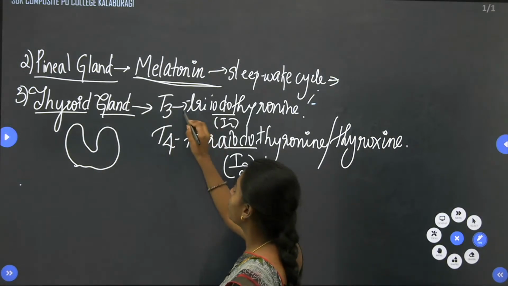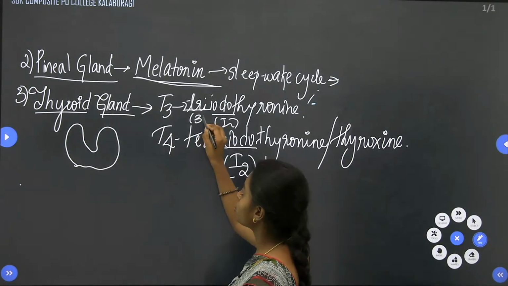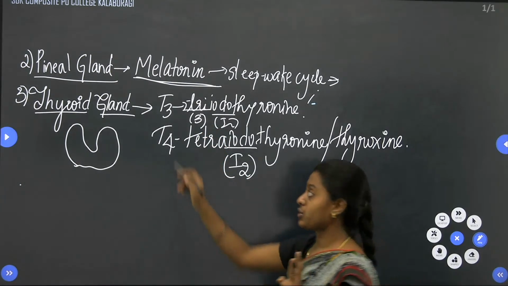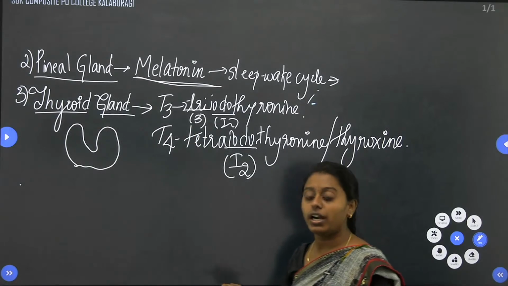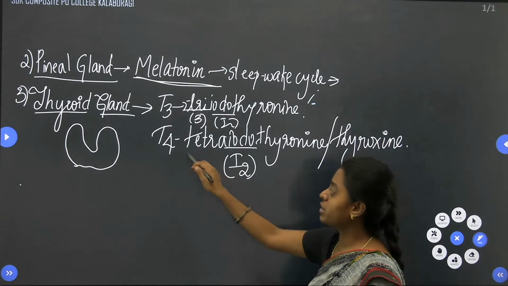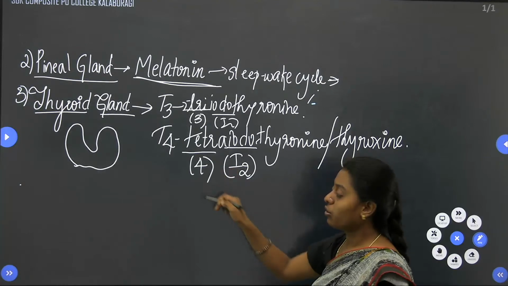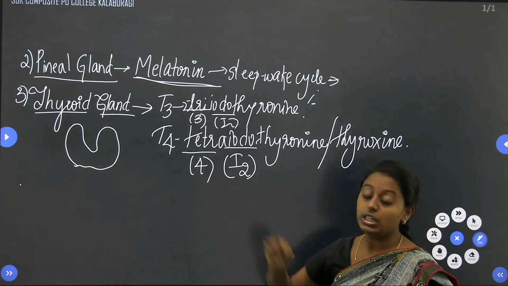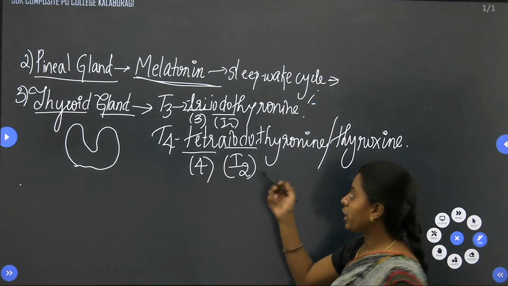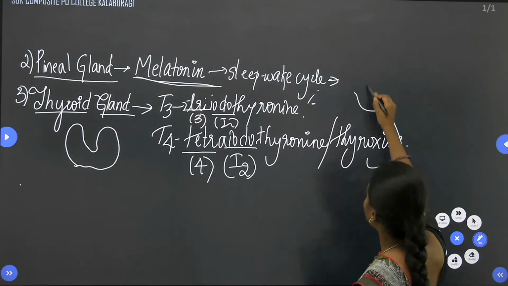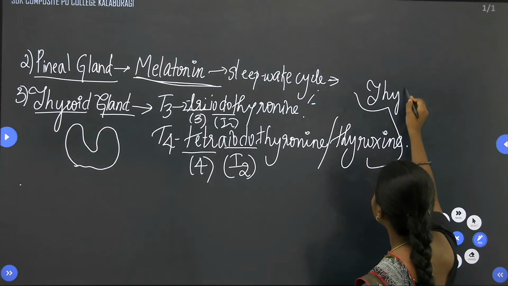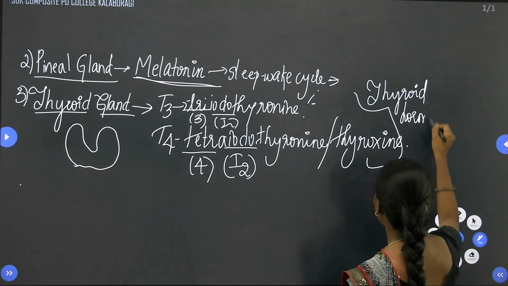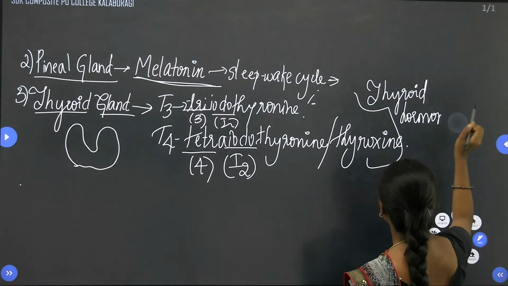One is triiodothyronine, where tri refers to three, requiring three iodine molecules for the synthesis of the T3 hormone, and another one is tetraiodothyronine or thyroxine, which requires four iodine molecules to form the T4 hormone. Together, they are called thyroid hormones.